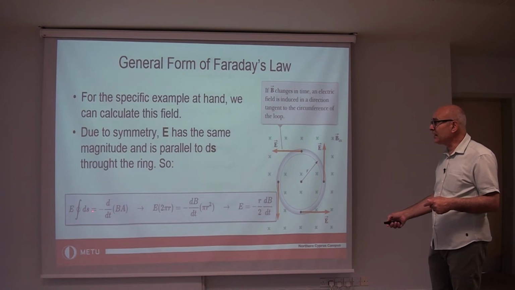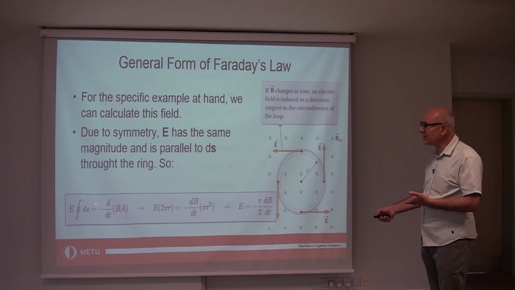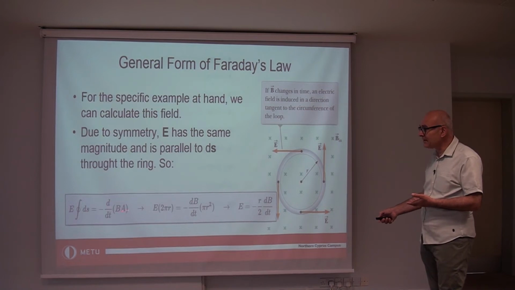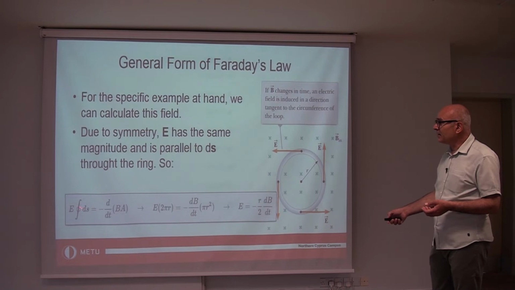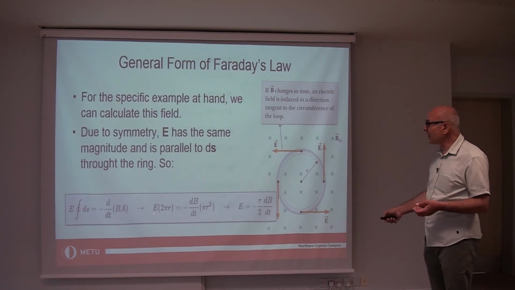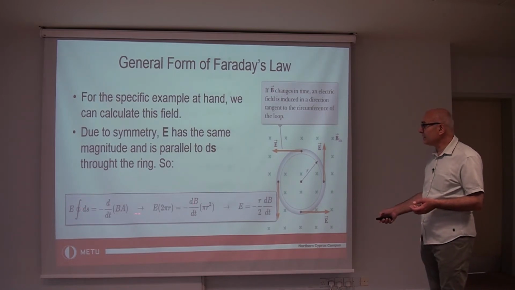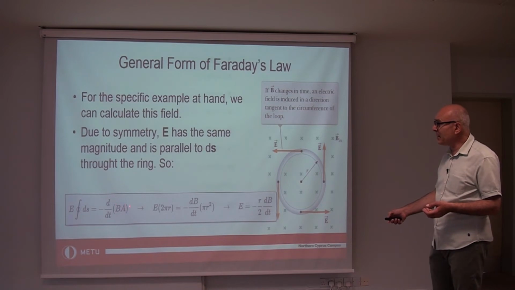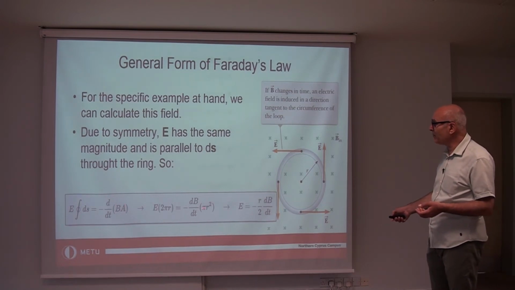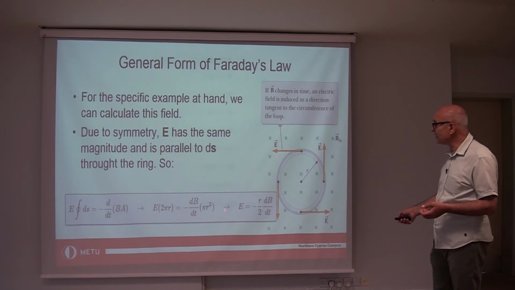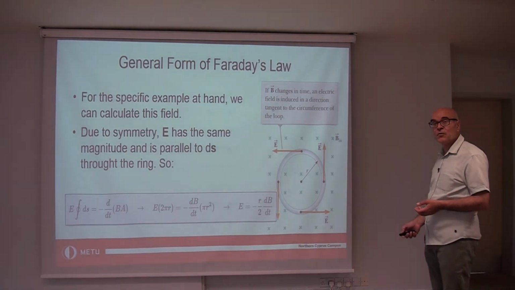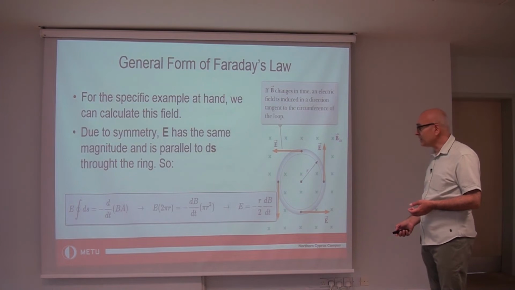Now the integral over ds is equal to the left-hand side. The left-hand side is minus d(BA) by dt, the flux through the area of the loop. The integral over ds is the circumference of the ring, so we have E times 2 pi r. Here the only thing that is varying is B, and A is constant, with A equal to pi r squared. Arrange things and you get the expression for your electric field.